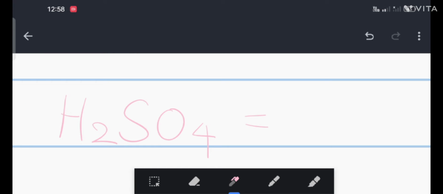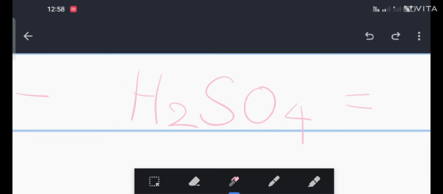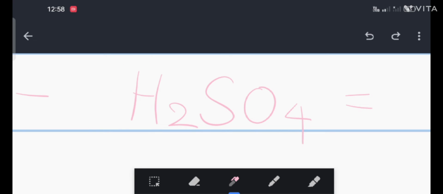Now it's okay if you don't know the name of these elements, but can you pause the video and think of how many atoms of H, S and O are present in this compound or molecule. Okay, that's great that you tried at least.